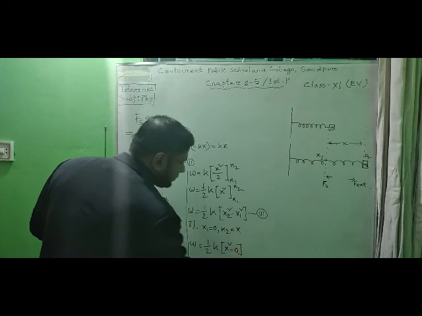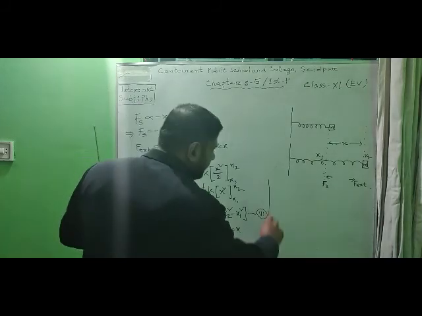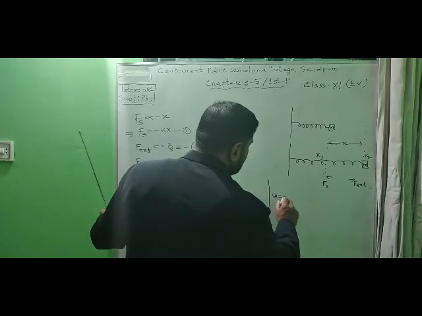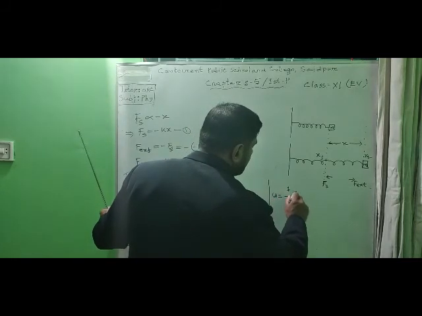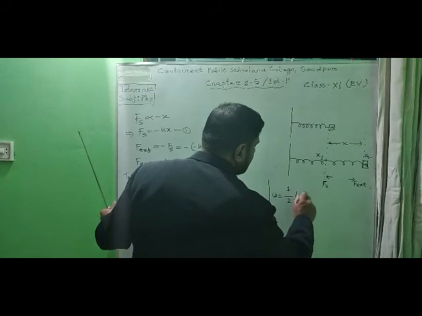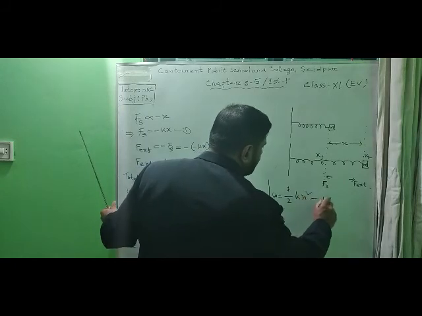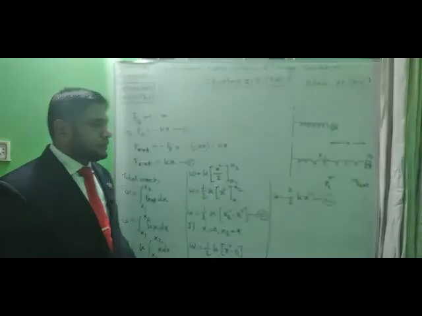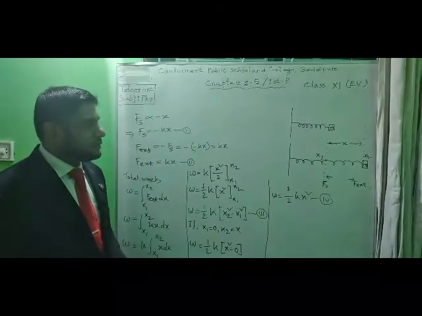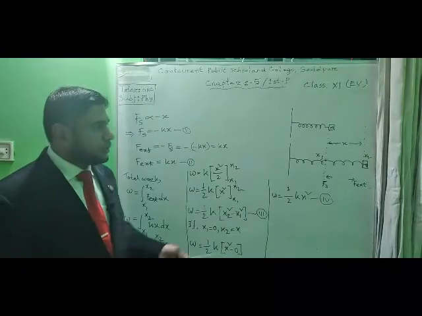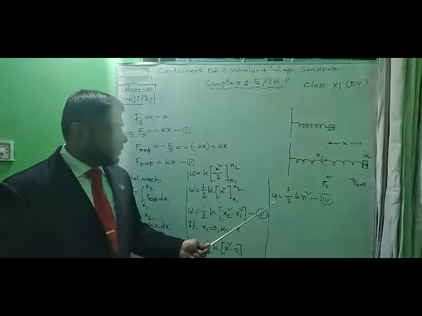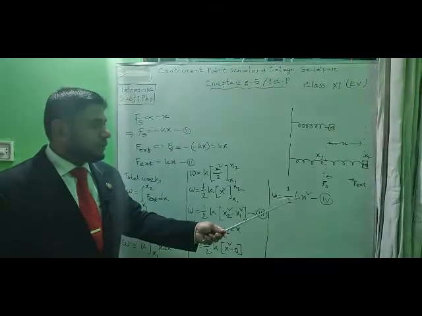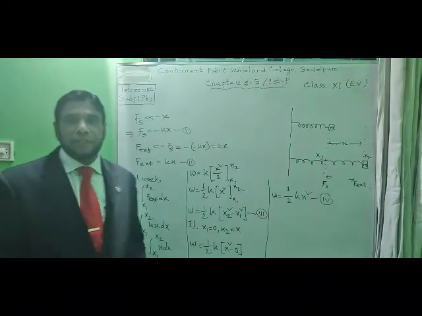So you can write W equals half k x square. This is another important equation, the final equation for the work for the expansion of a spring: W equals half k x square. Here k is a constant value and x is the expansion of the spring.